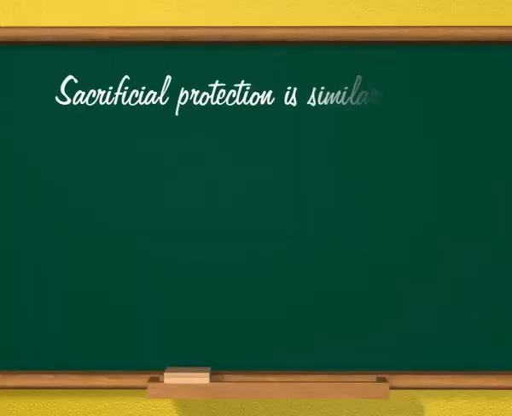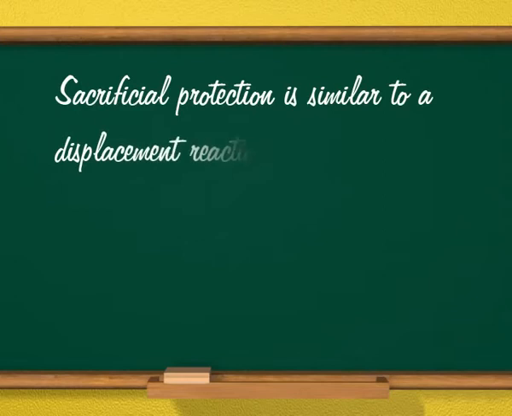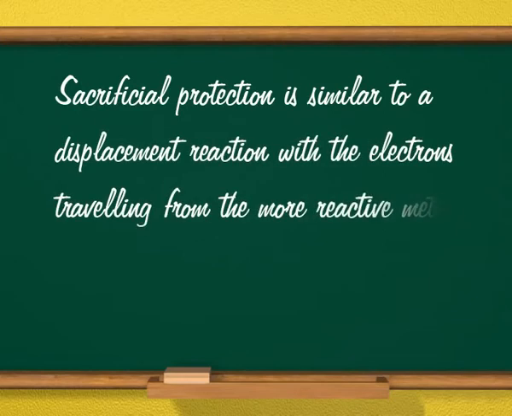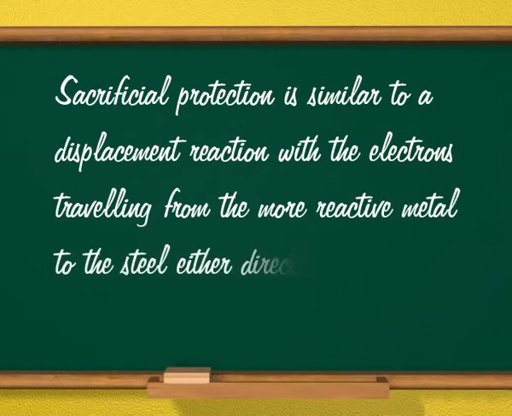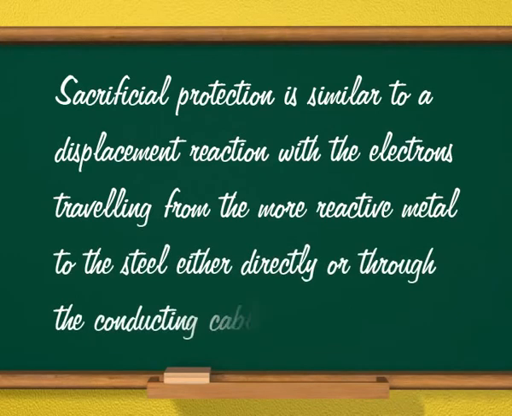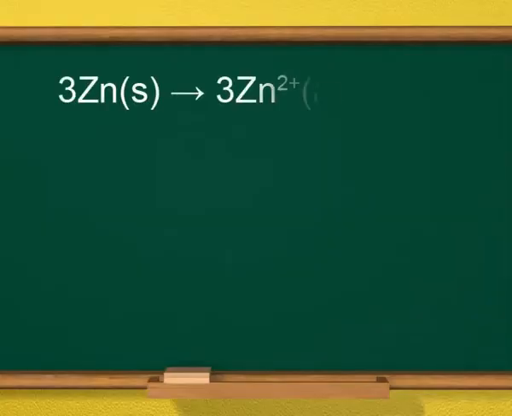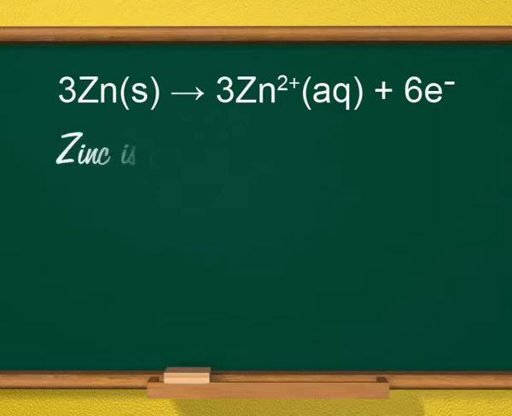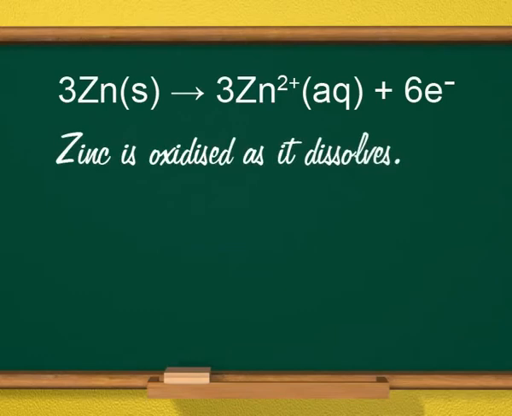Sacrificial protection is similar to a displacement reaction, with the electrons traveling from the more reactive metal to the steel, either directly or through the conducting cable. This reverses the oxidation process. 3 zinc atoms in solid state give 3 zinc ions in aqueous state along with 6 electrons. That is, zinc is oxidized as it dissolves.